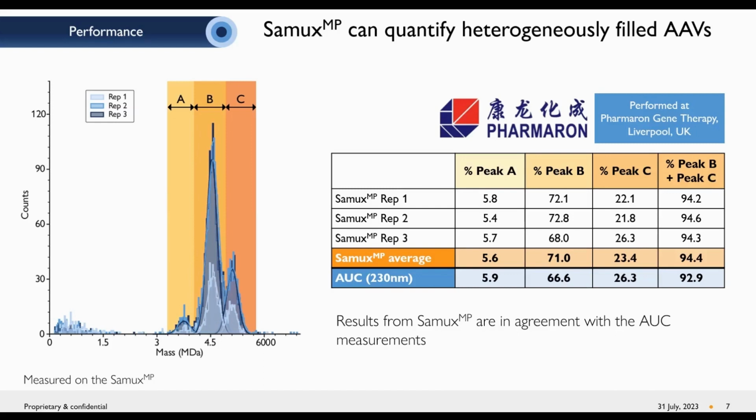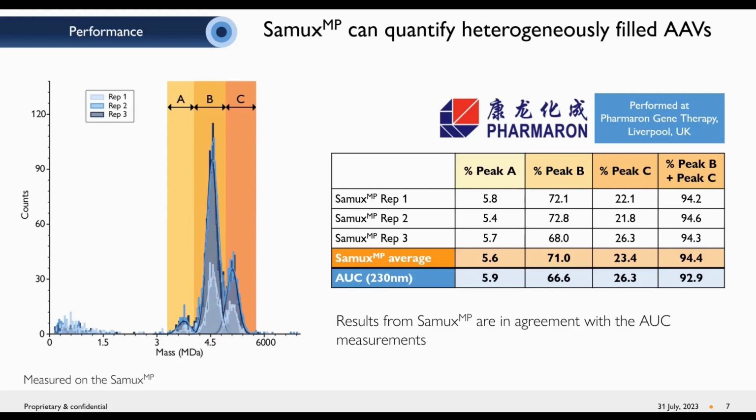A common question about the SamuxMP relates to whether the system can be used for quantification of populations of heterogeneously filled AAVs. One of the aims of Refeyn's collaboration with Pharmaron was actually to answer this question. When they analyzed a commercially available reference sample by AUC, they could identify 3 different populations of capsids containing distinct quantities of cargo.